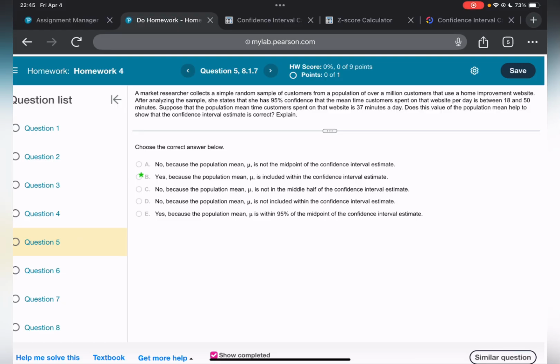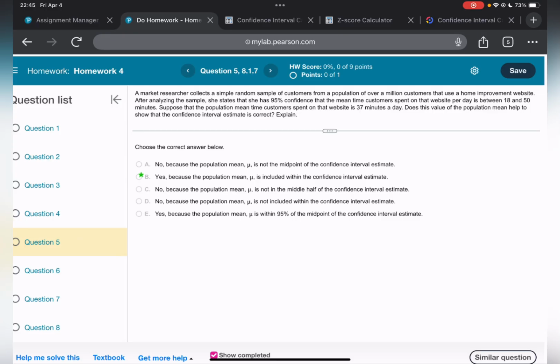So from the created sample from the population of over 1 million, they say that with 95% confidence the mean time customers spend on that website is between 18 and 50 minutes. Suppose that the population mean on the website is 37 minutes a day.